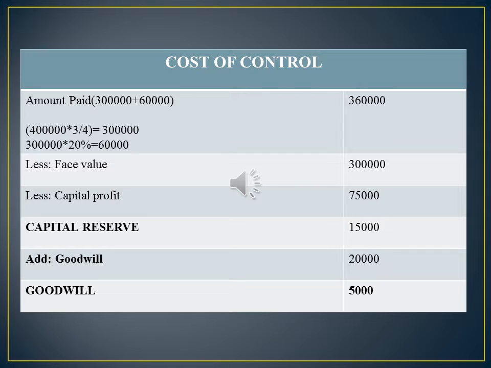We are deducting the face value and capital profit as usual, and you will get 15,000 as capital reserve. In the question there is goodwill of 20,000 rupees, so we can adjust it here. Then we are adding 20,000 to capital reserve and you are getting 5,000 as goodwill.